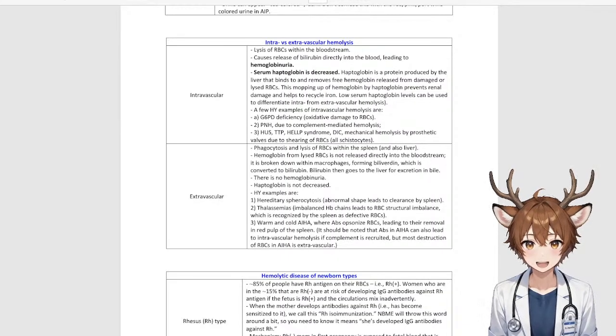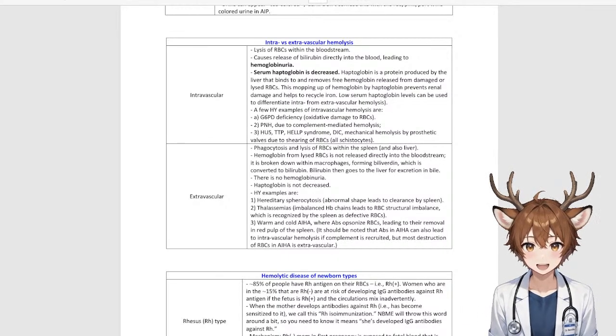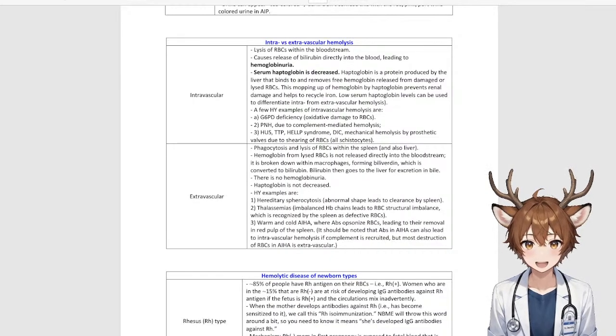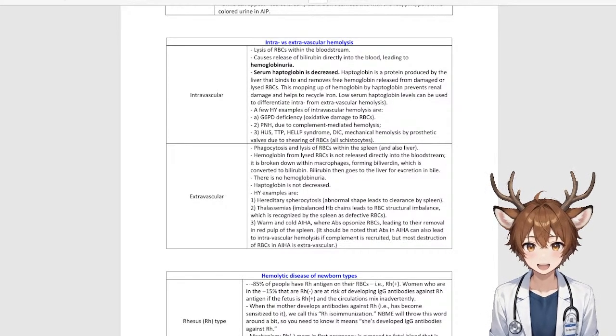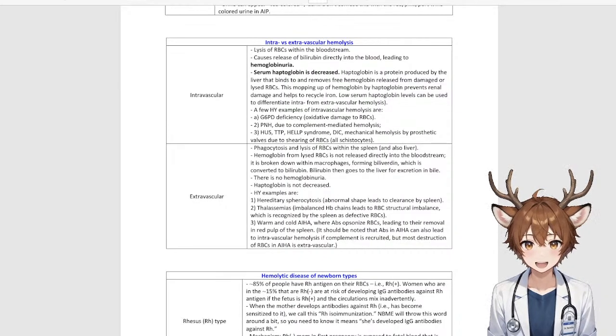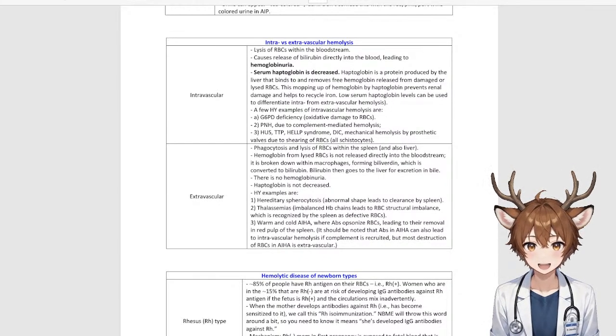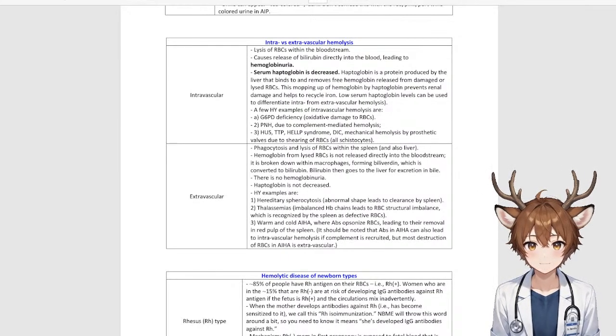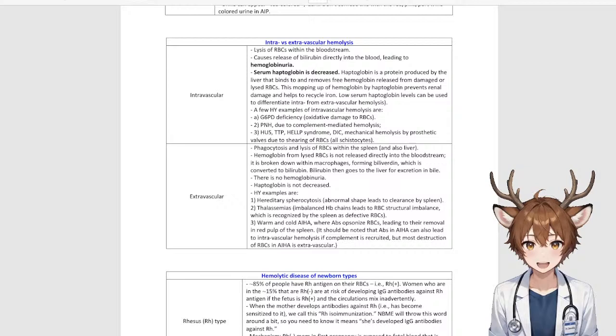A few high-yield examples of intravascular hemolysis are: 1. G6PD deficiency, oxidative damage to RBCs. 2. PNH due to complement-mediated hemolysis. What is PNH? I want to say paroxysmal nocturnal something. Paroxysmal nocturnal hemoglobinuria.